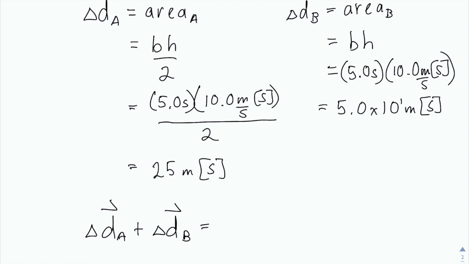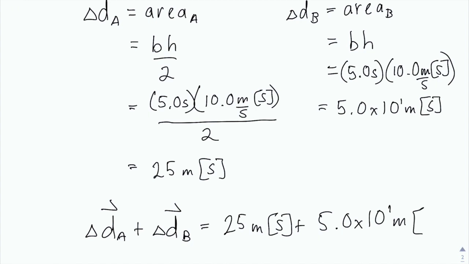So 25 meters south plus 50 meters south, written in scientific notation as 5.0 times 10 to the power of 1 meters south, is 75 meters south. And that is the total distance traveled by the object for the entire trip, 0 to 10 seconds.